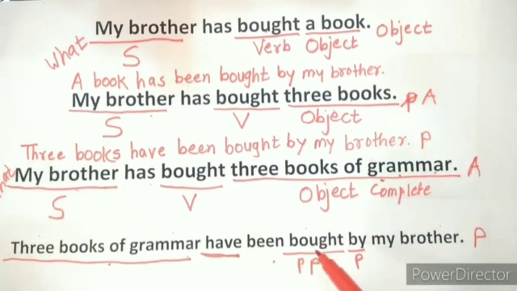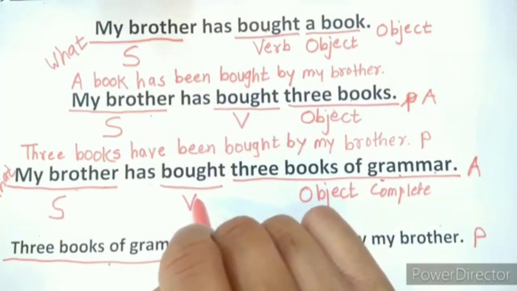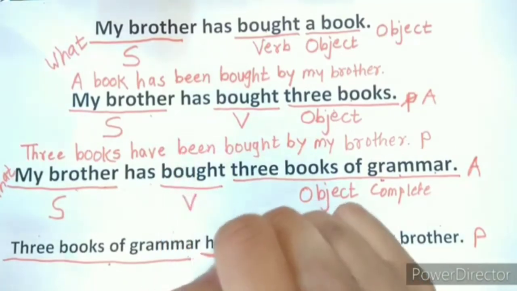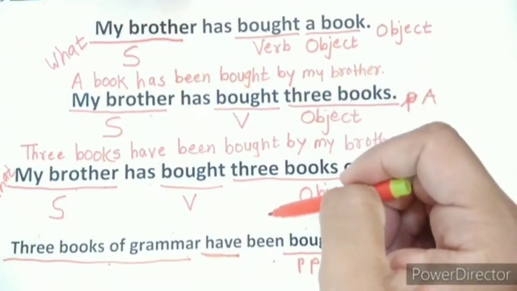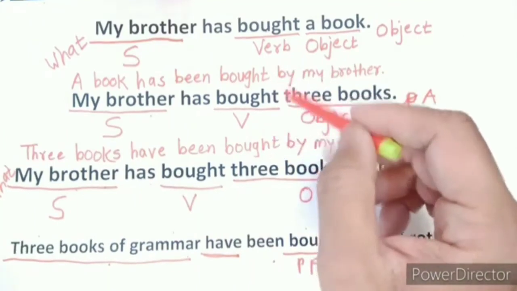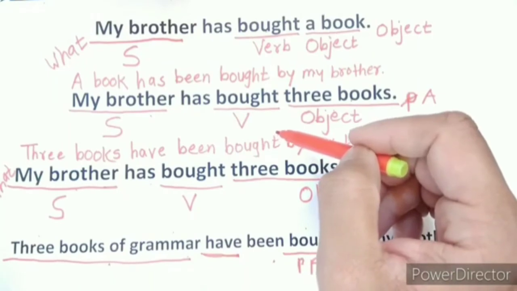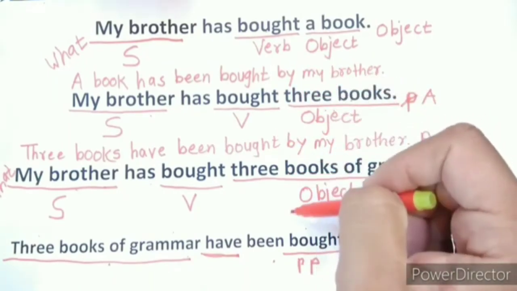So while converting into passive voice, we need to make sure all these things. So this is how the active sentence is transformed into passive sentence following certain steps. So I am sure that you must have understood the process of transformation from active sentence into passive one.